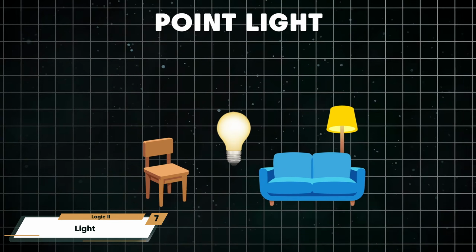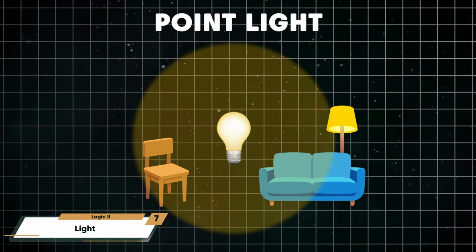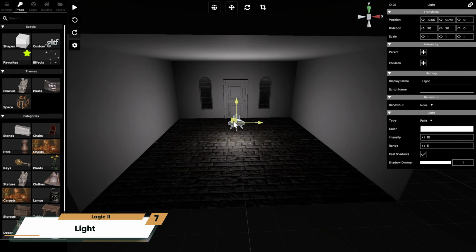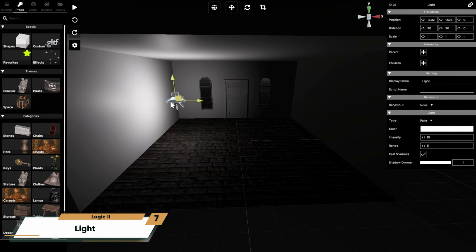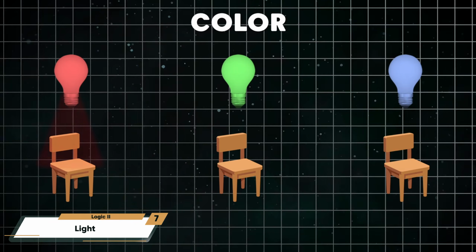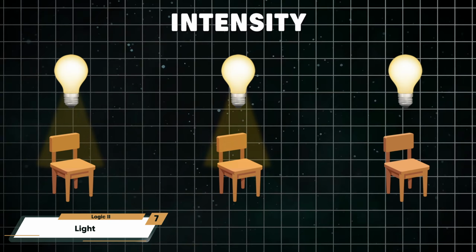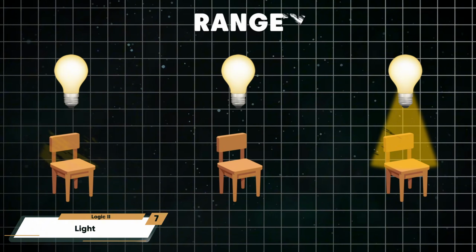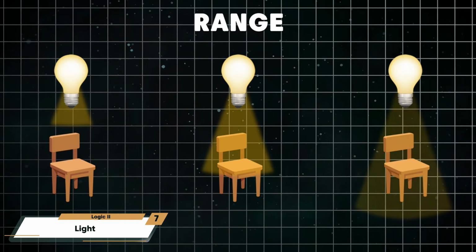Point light casts light equally in all directions from a single point, like a light bulb. All 3 types share these key settings. Color, the hue of the light. Intensity, how bright the light appears. Range, how far the light reaches, which only applies to spot and point lights.